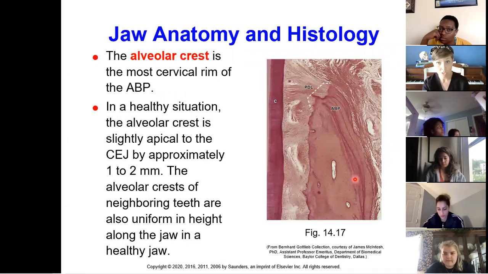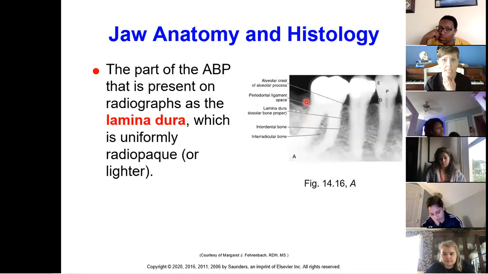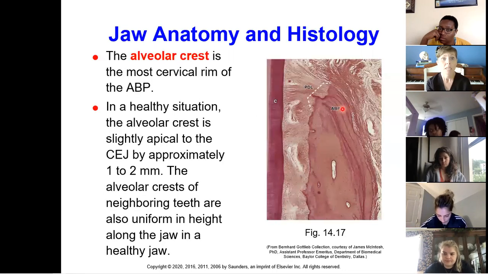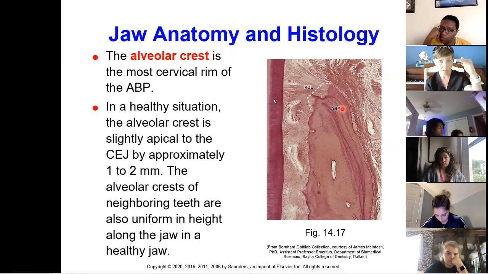The alveolar crest, here's an outline of the way the crest should be, because it's that most cervical rim. So let me go back here. Here is your alveolar crest, okay? In a healthy situation, the alveolar crest is slightly apical. If you look where the CEJ is, the crest is going to be approximately 1 to 2 millimeters apical, so towards the root tip, from the CEJ.